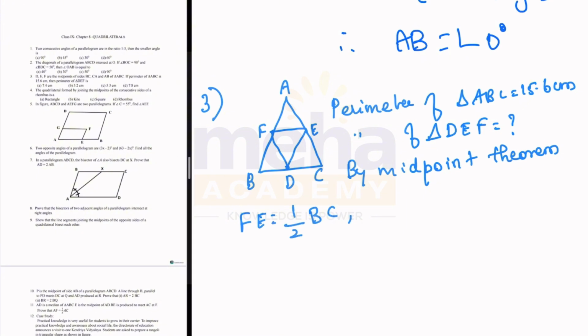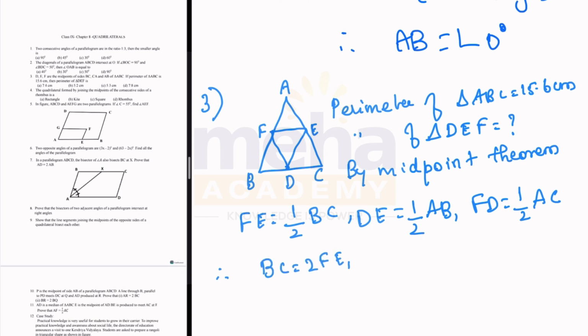Then we know that DE is equal to half of AB and FD is equal to half of AC. Therefore, BC is equal to 2FE and AB is equal to 2DE and AC is equal to 2FD. I am bringing to the other side.